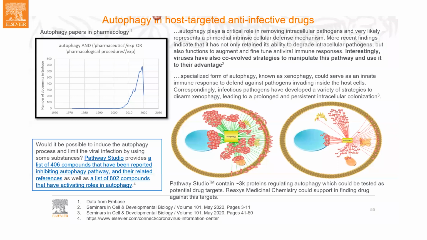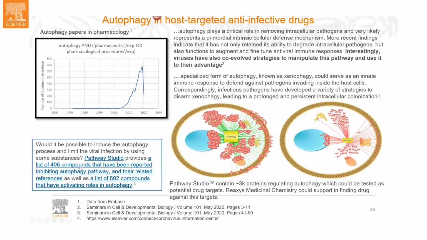And if we talk about targeting human proteins, the workflow in Reaxys is almost the same, but I want to highlight and put your attention on one of the processes which is highly related, for example, to coronavirus. And this process is called autophagy. And by this link, we have another solution which is called Pathway Studio.